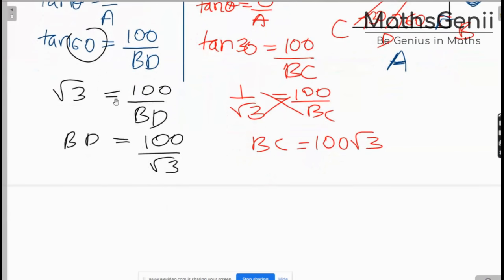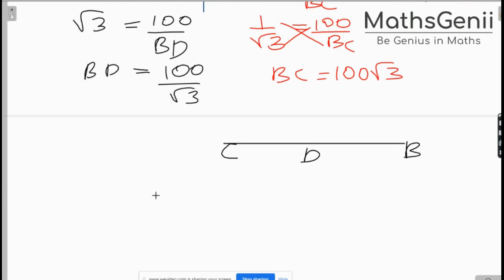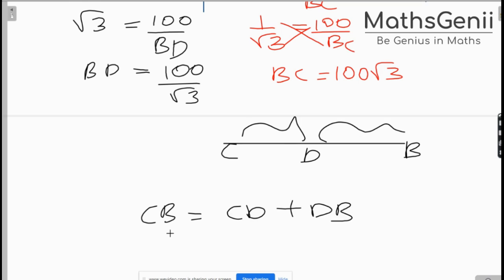Let me draw this line for you again here. You have B, you have D, and you have C. I know one thing, students, that CB is equal to CD plus DB. I'm just writing it so that there's no confusion. CB can also be written as BC, CD can also be written as DC, and DB can be written as BD.